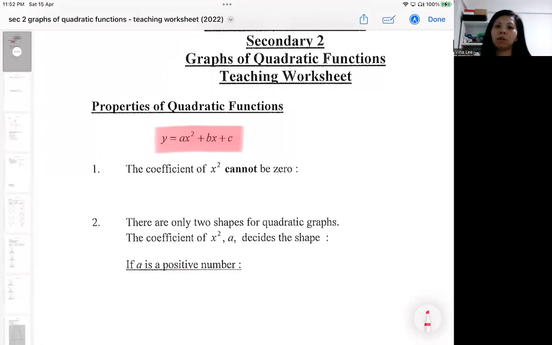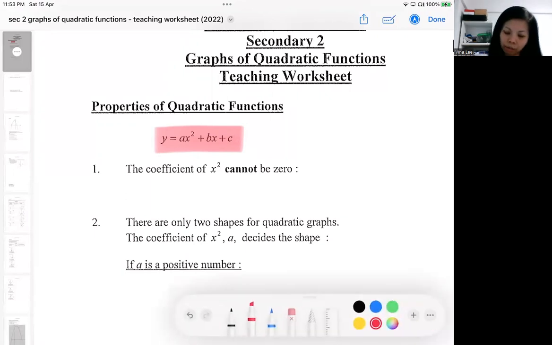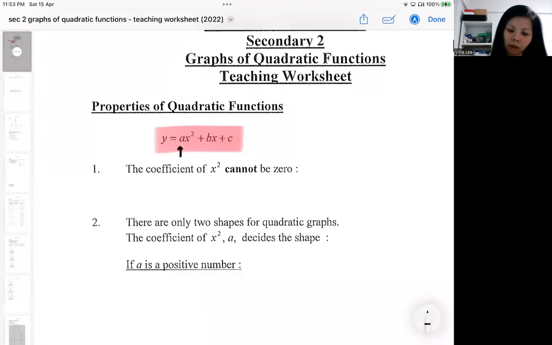One of the conditions is that the coefficient of x squared cannot be 0. That means this part cannot be a 0. The moment your coefficient of x squared is a 0, you will be left with a linear function.